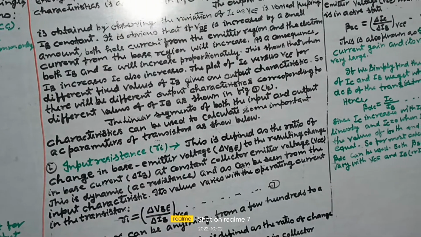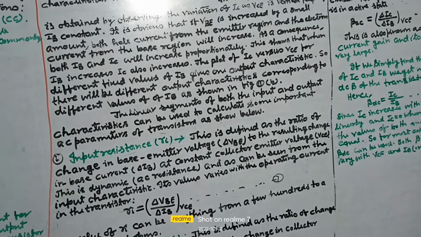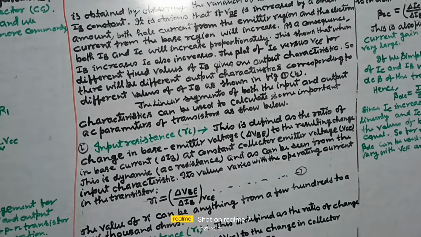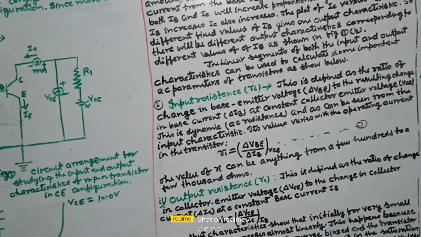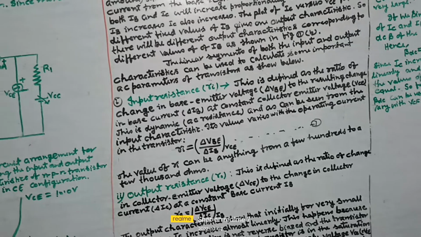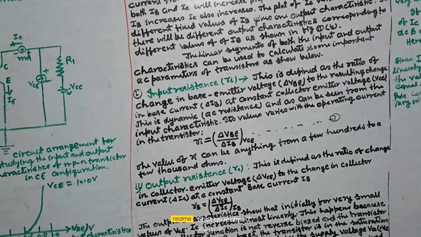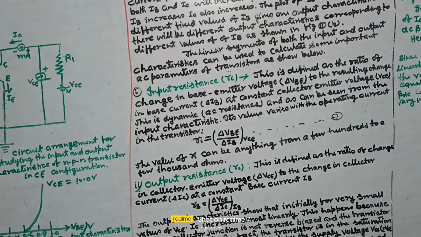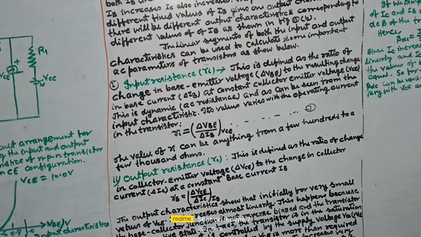The linear segments of both the input and output characteristics can be used to calculate some important AC parameters of transistors, as shown below. Input resistance: this is defined as the ratio of change in base emitter voltage delta VBE to the resulting change in base current delta IB, at constant collector emitter voltage VCE.